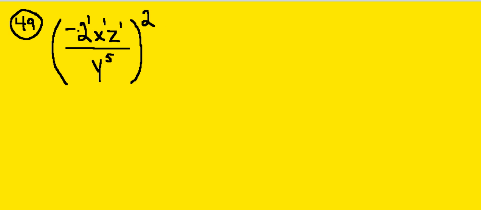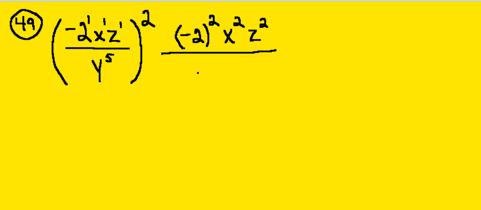So again, this negative 2 is in parentheses to start, so you could say that is going to be negative 2 in the parentheses raised to the second power times x to the second power times z to the second power, all 2 times 1, divided by y to the 10th.